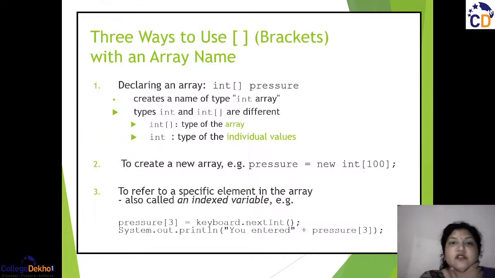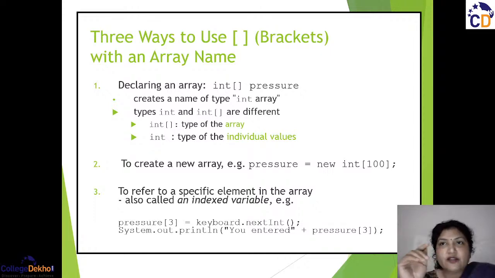Then, there are three ways to use these brackets. Let us understand one by one. With an array name, when declaring an array, you define it like int a, opening bracket and closing bracket. Let me give you some examples: type int and type int array are different.